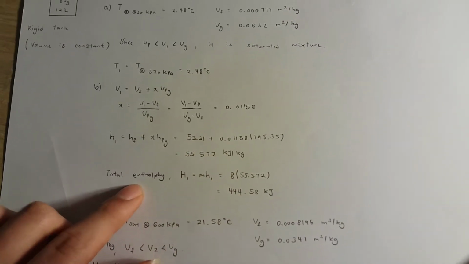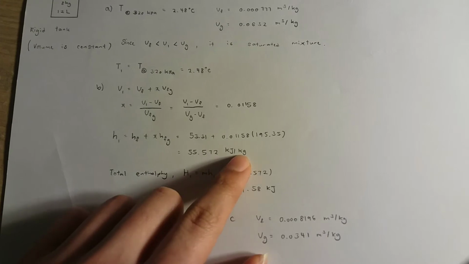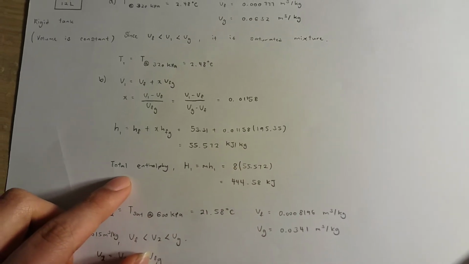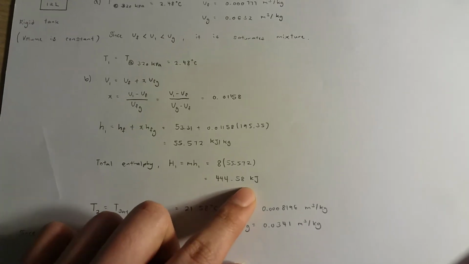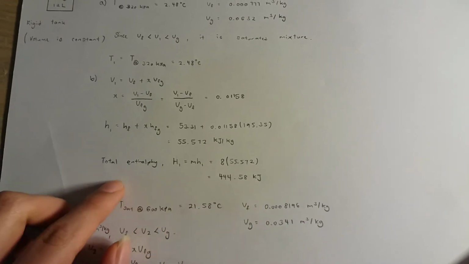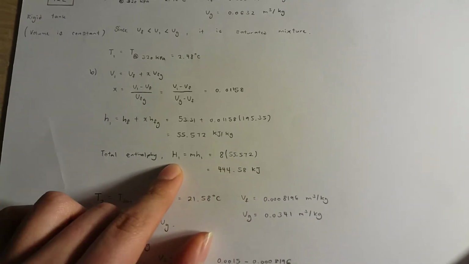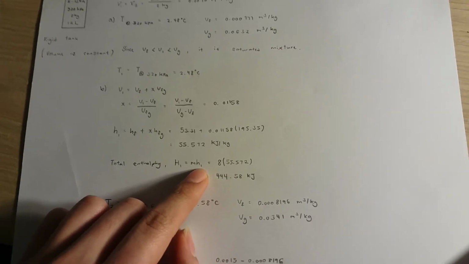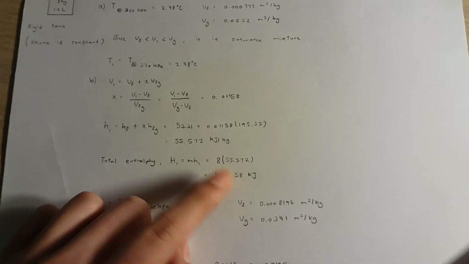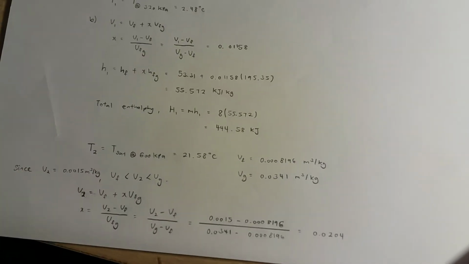Because the enthalpy is in kJ per kg and the problem wants the answer in kJ, you have to use capital H equals m times small h, so you will get kJ.